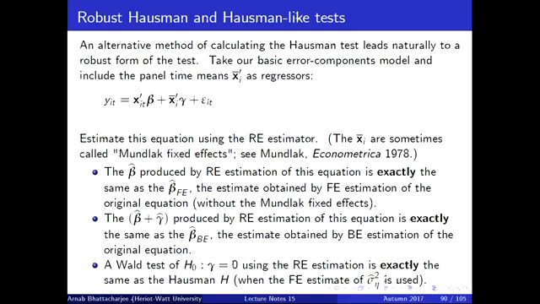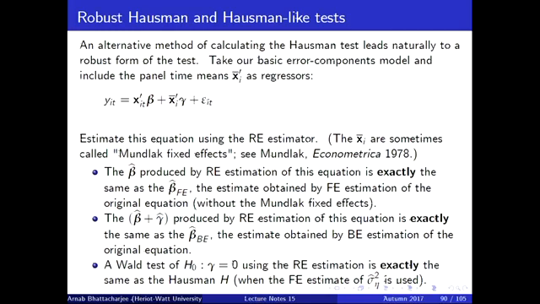Okay. So we are now getting towards Mundlak. The Hausman and Hausman-like tests have problems, all right? So they are not very easy to apply, okay? And they have several limitations. So there's a question of how we can perhaps robustify them, okay?